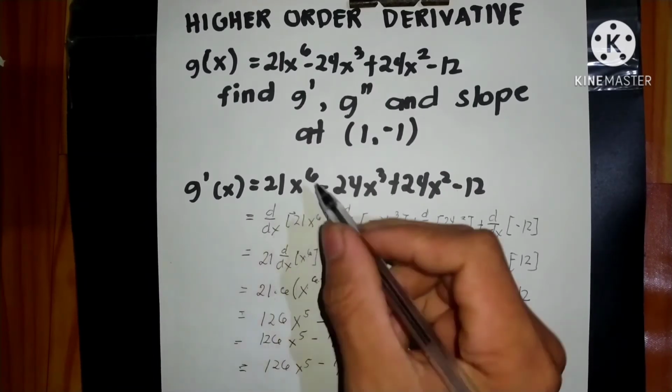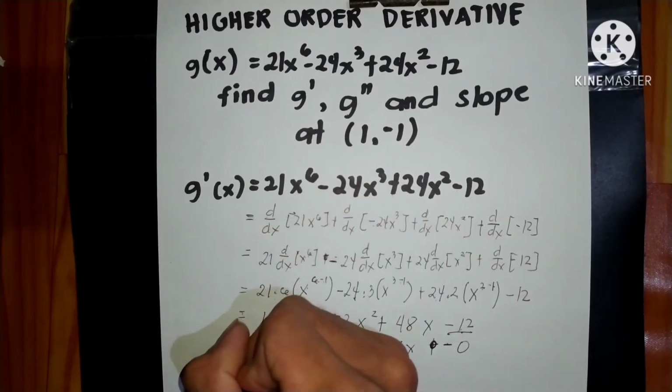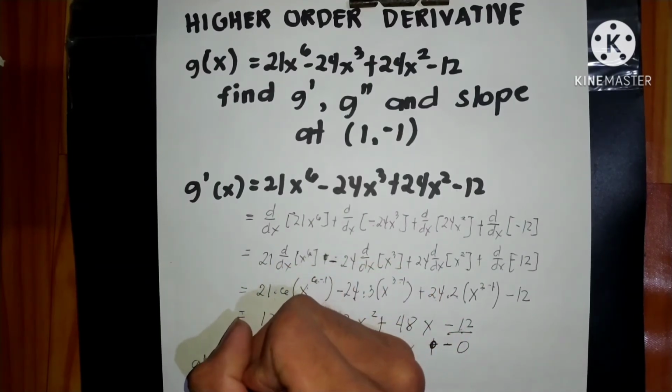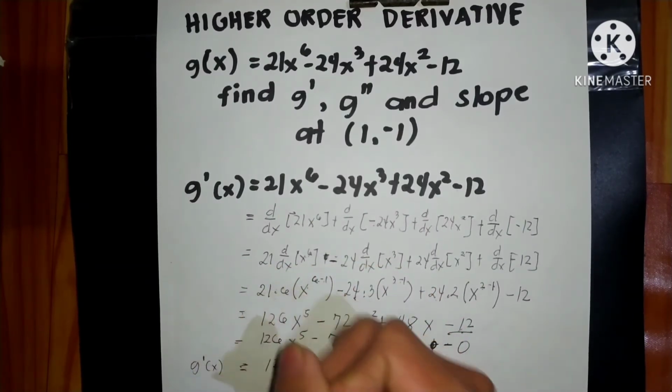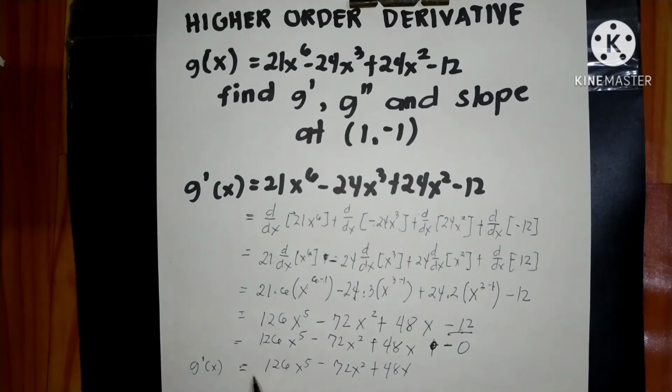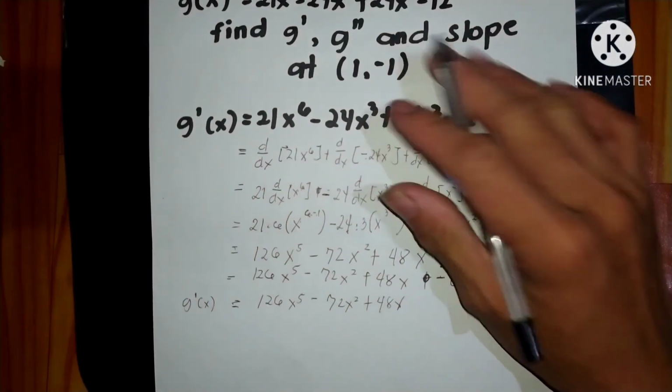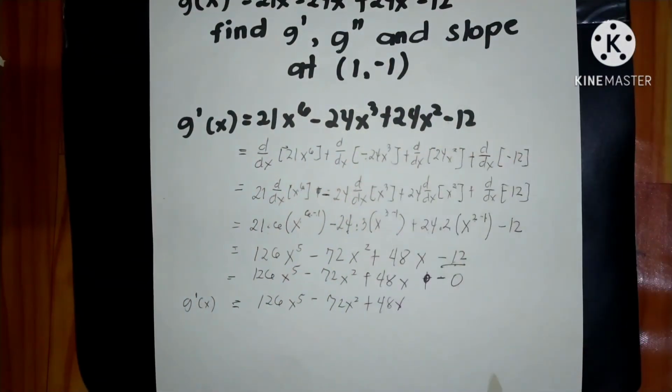So, the first derivative is equals to 126x raised to the power of 5 minus 72x raised to the power of 2 plus 48x. So, ngayon, kukunin muna natin yung slope.